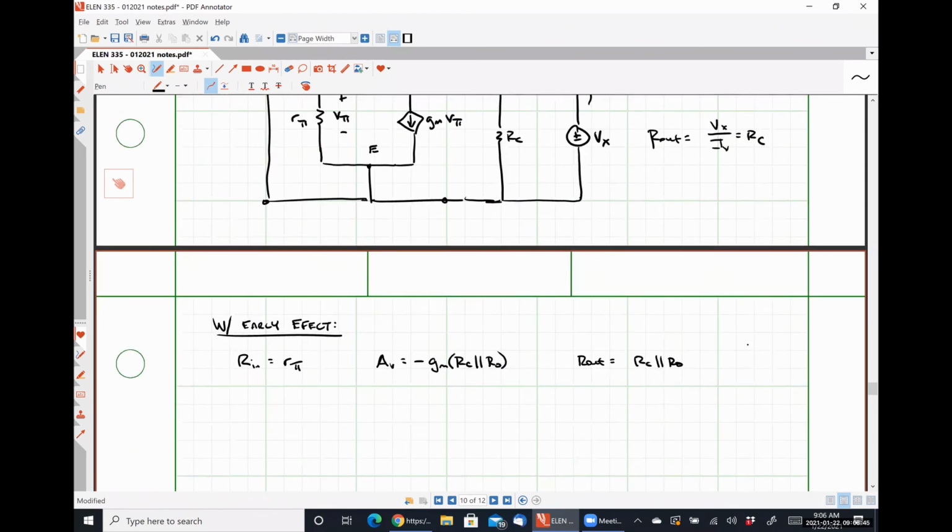R pi is what? How do we determine R pi? Anybody remember?